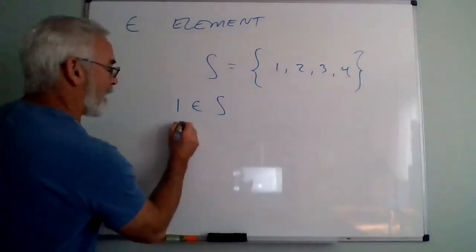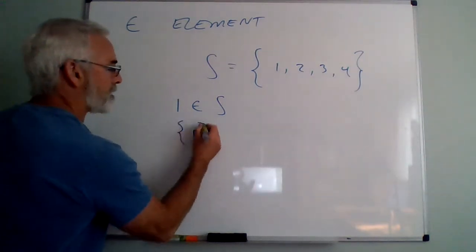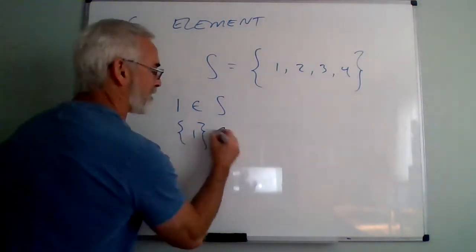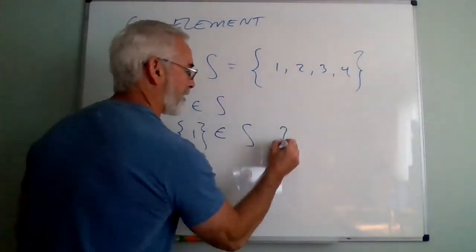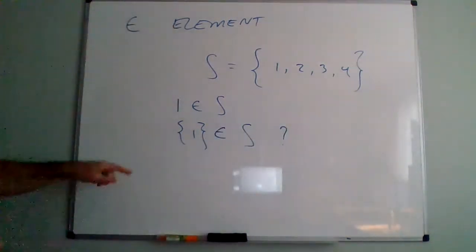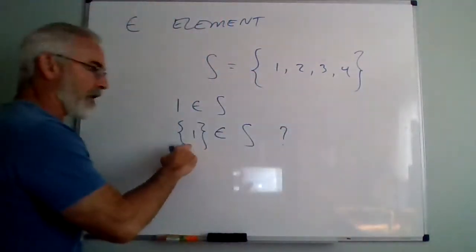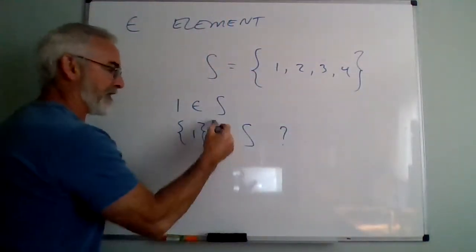Would it be a correct statement to say the set 1 is an element of S? Well, I don't have a set bracket around 1. The set of 1 is not an element of S.